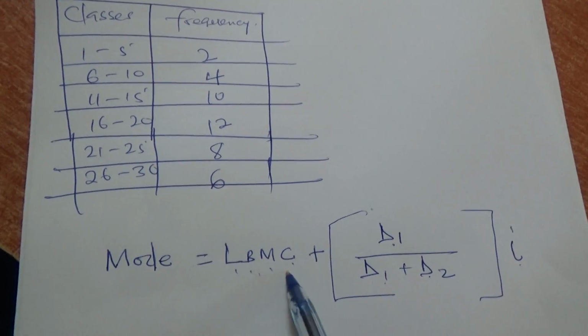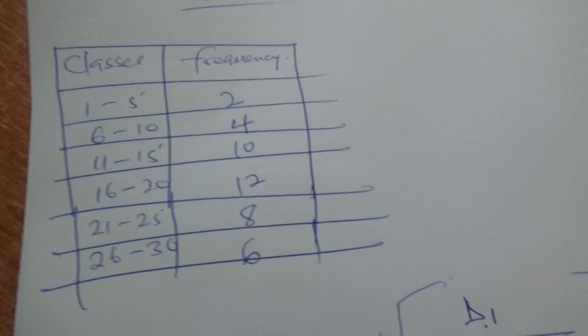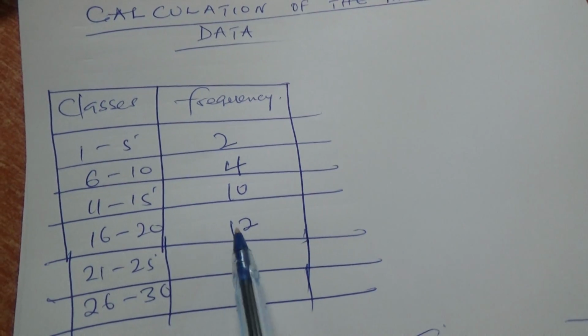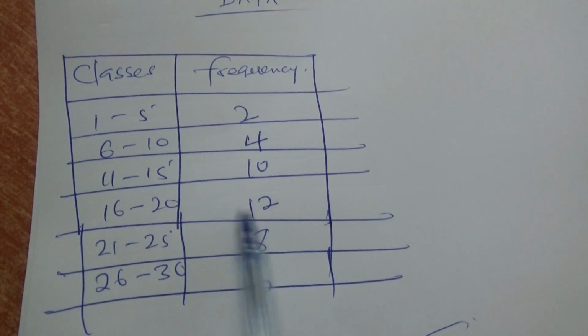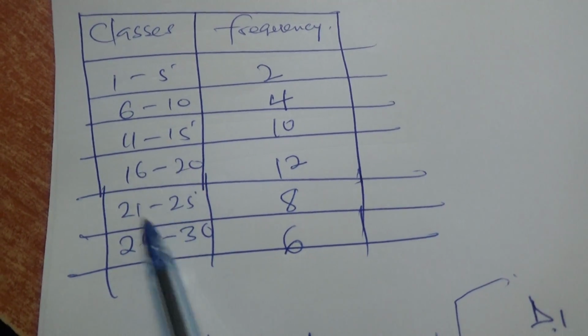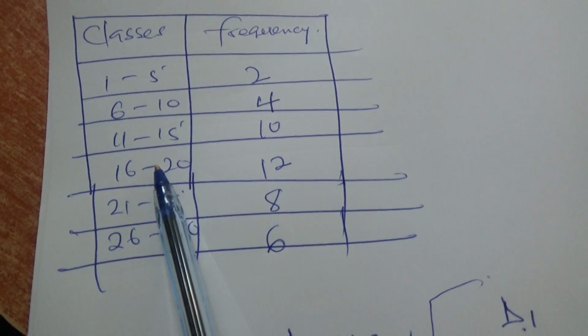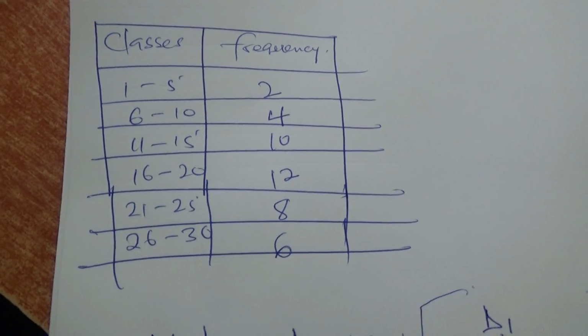So the modal class is going to be the class with the highest frequency. Of course, it is 16 to 20. This range is where the mode is going to be.